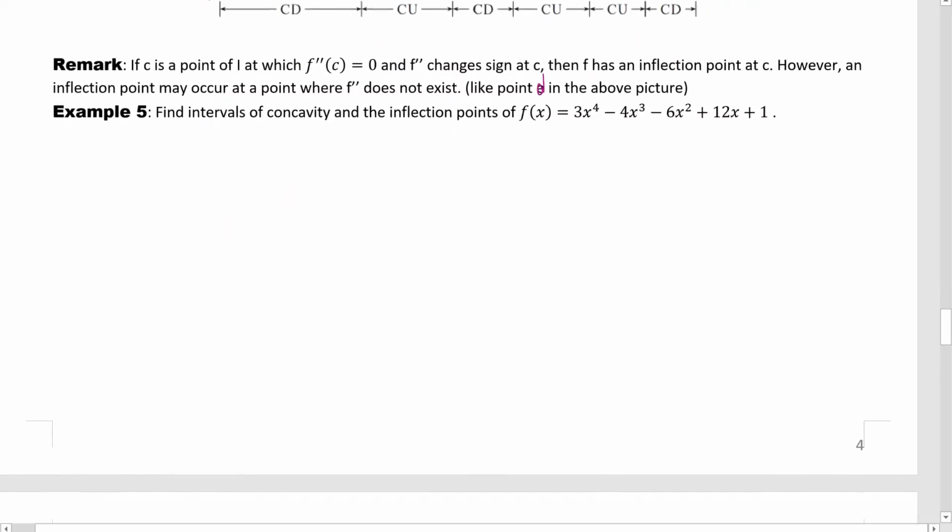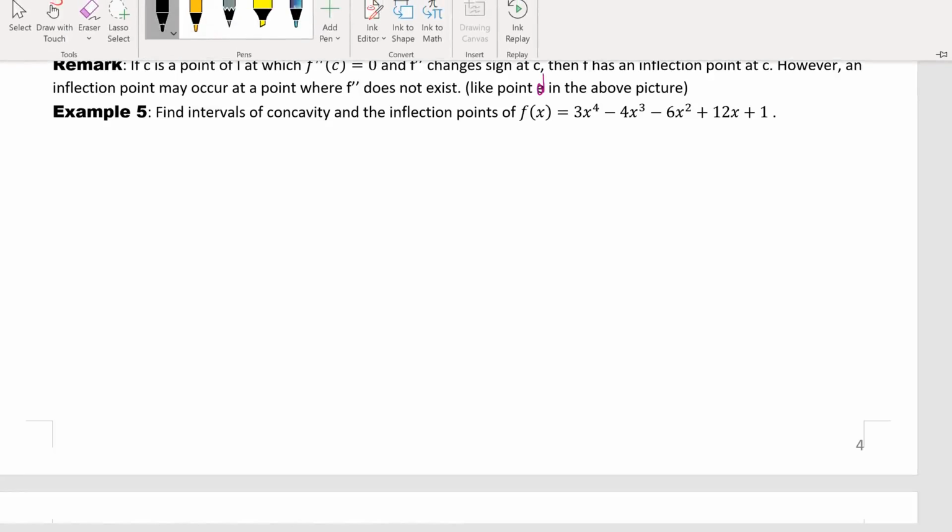Let's continue. Let's look at example 5. Find intervals of concavity and the inflection points of this function. So actually this problem we saw last time. But last time we were talking about the first derivative and the intervals of increasing and decreasing.